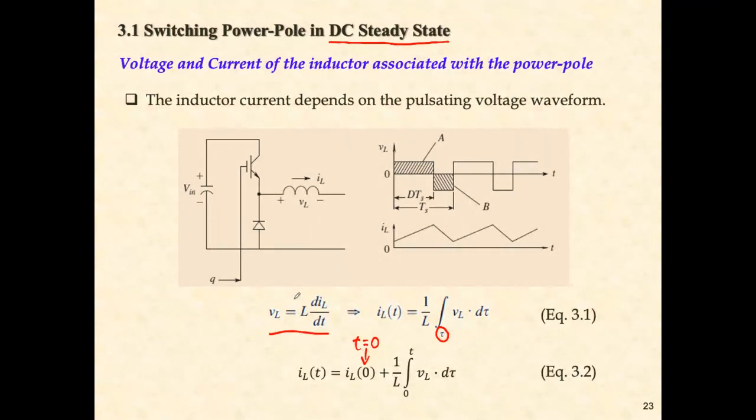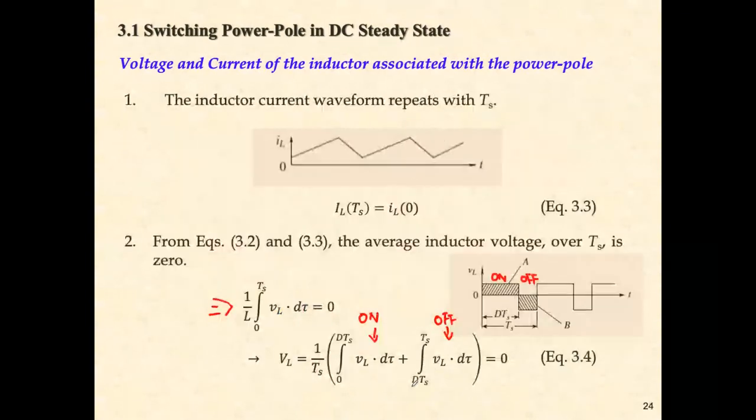Integrate both sides and we have equation 3.1, then extract the initial condition out and we have equation 3.2. Because now the switching power pole is in DC steady state, these two terms are identical, so this one is equal to 0.